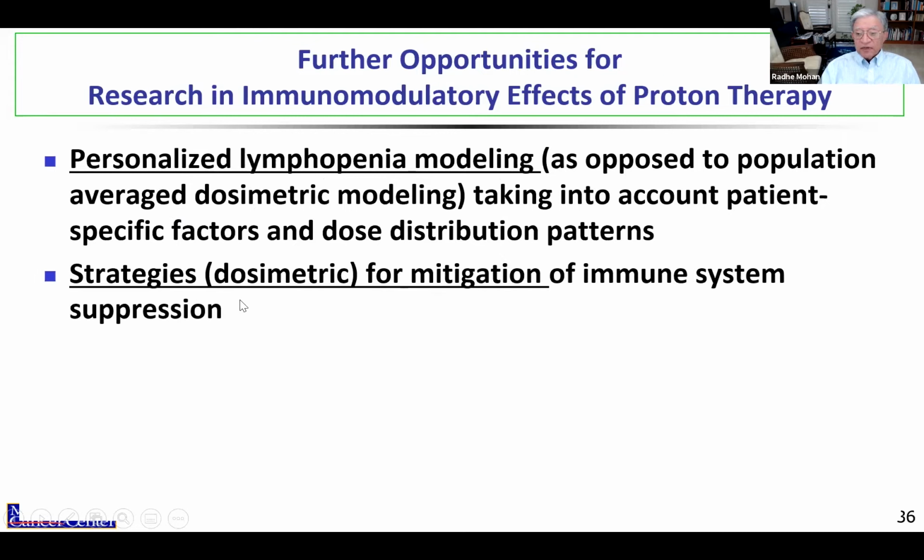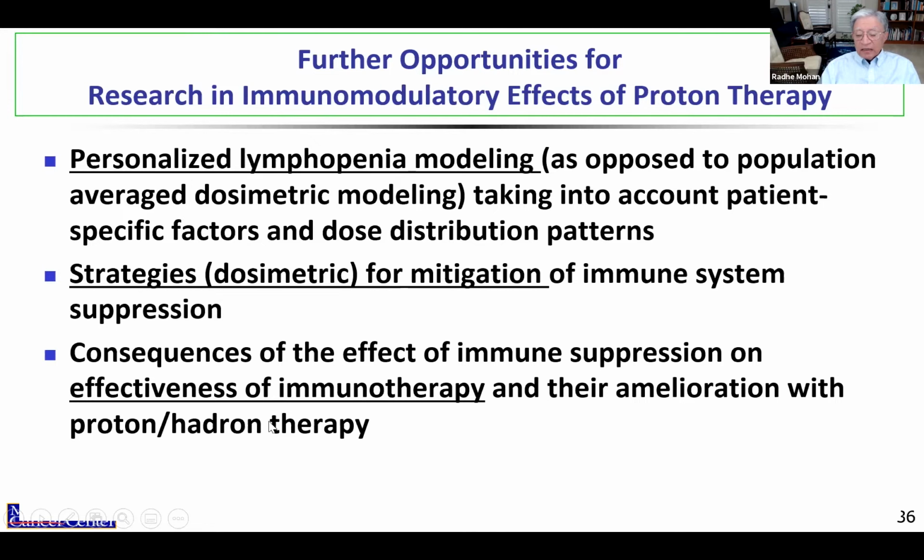And another is developing strategies for mitigation of immune system suppression. Once we have these models, we can predict a given patient's risk, and then we can also do optimization to avoid exposure of those tissues and volumes that lead to lymphopenia.